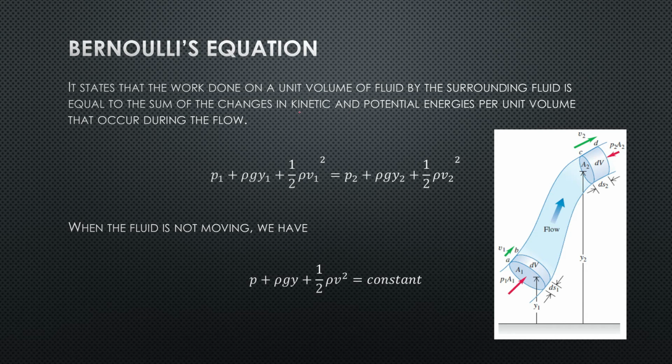So this is the kinetic and potential energies per unit volume at point 1, which will be equal to the sum of kinetic and potential energies per unit volume at point 2. When the fluid is not moving, we'll have this formula. But when the fluid is moving, or flowing, we will use this equation.